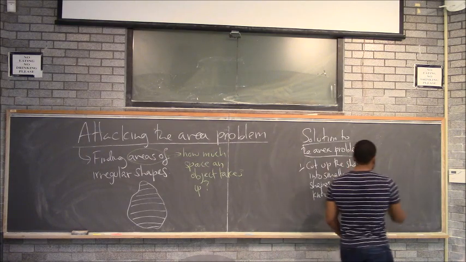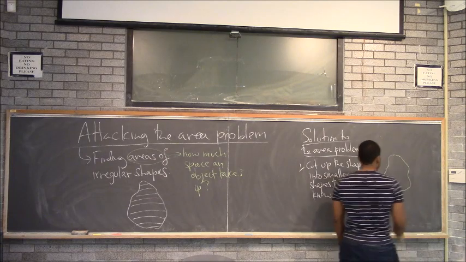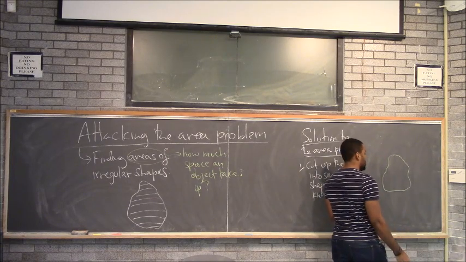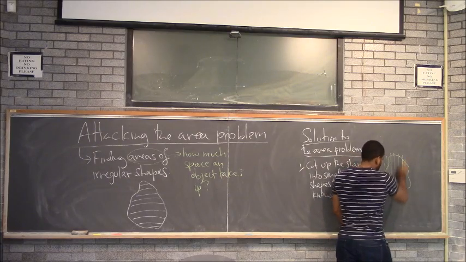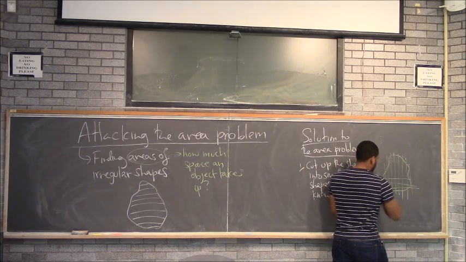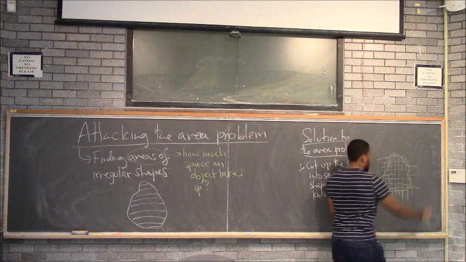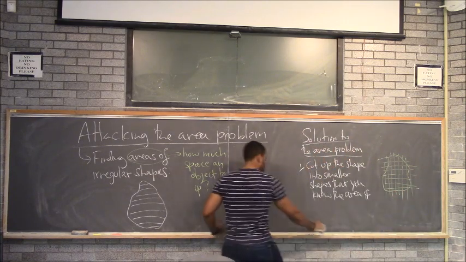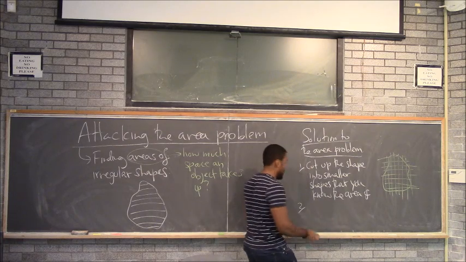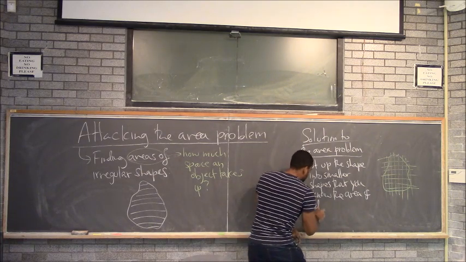So you have this thing. I don't know how to find the area of that, but I do know how to find the area of a rectangle. Slice it up into a bunch of rectangles. Then, two, add the areas of all the smaller shapes.